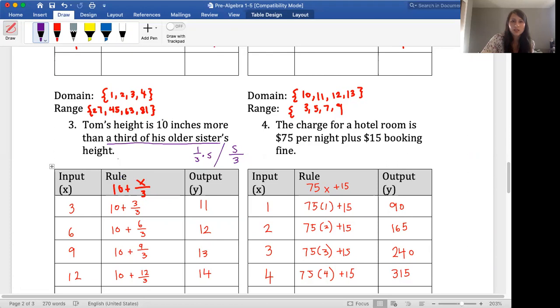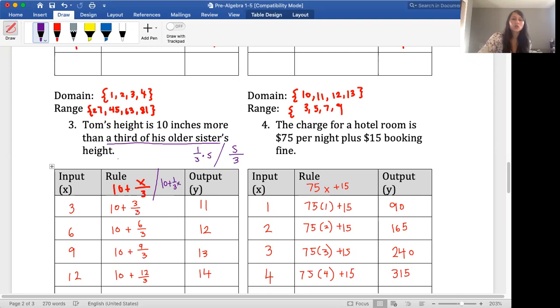So since it's 10 inches more, it means 10 plus, and then a third of his sister's height, meaning whatever his sister is has to be divided by 3, or finding 1/3 of what his sister is. So 1/3 times x would work too. So you could write this as 10 plus 1/3 x. Now that would work, or x over 3.